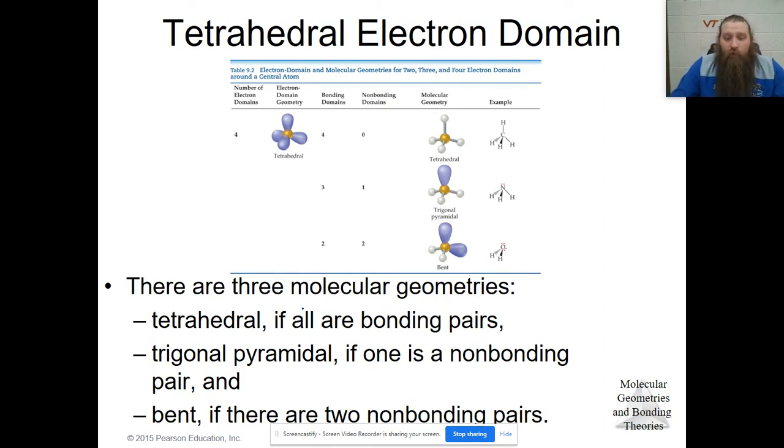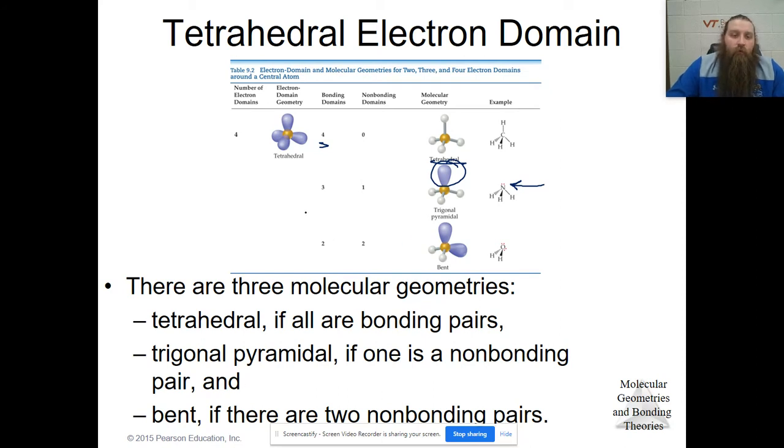Tetrahedral has 3 molecular geometries, all right? If you have 4 electron domains and everything is bonding, then you are tetrahedral. If you have 4 electron domains and one of them is non-bonding, so a great example of that is ammonia, right? There's our non-bonding region, then we are trigonal pyramidal.